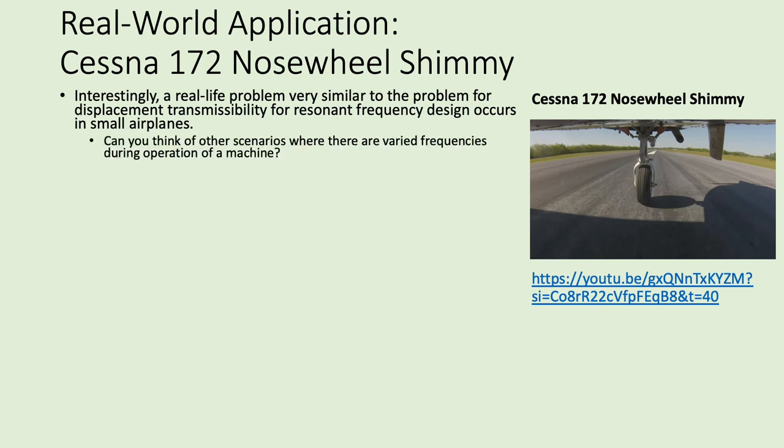So can you think of other scenarios in your life where there are varied frequencies during operation of a machine? So maybe a fan, there's frequencies, the frequency that it rotates at. You could have your keys on a bungee keychain, and you can move them up and down.